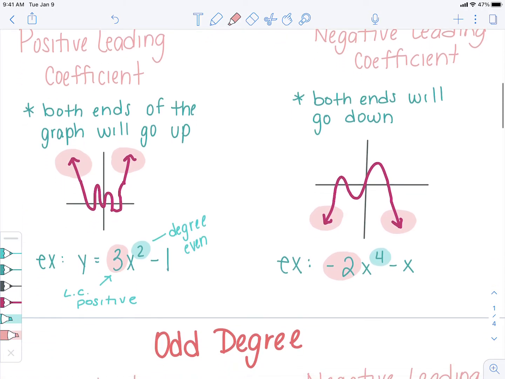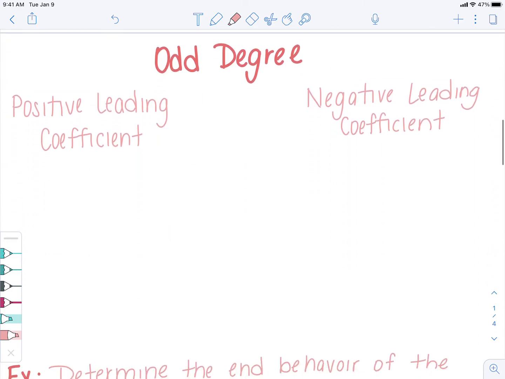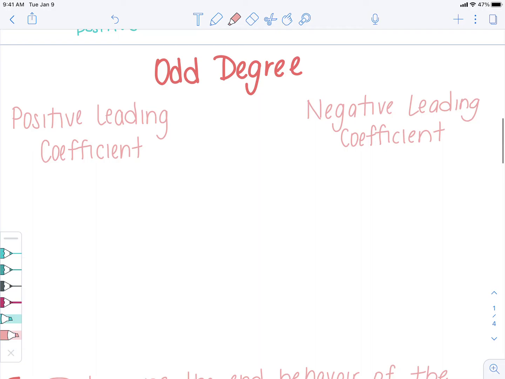So, if we have an odd degree, we can still have a positive leading coefficient or a negative leading coefficient. Our odd functions are going to go in opposite directions. So odd and opposite. So if I have an odd function with a positive leading coefficient, it's going to look like it's kind of traveling up as I travel along it.